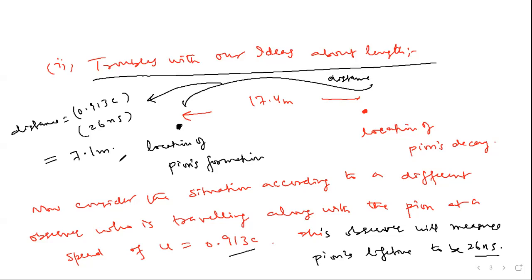Thus, two observers who are in relative motion measure different values for the same length interval. Remember, the observer in the laboratory measures the same distance to be 17.4 meter, and the observer moving with the pion measures the same distance between the location of pion's formation and location of pion's decay to be 7.1 meter. 7.1 meter is different than 17.4 meter.